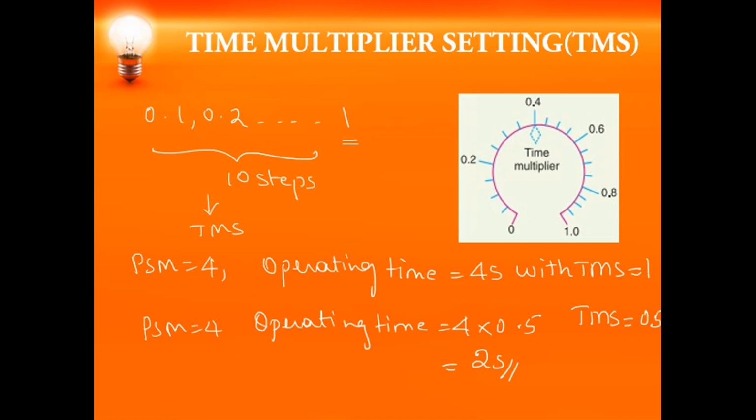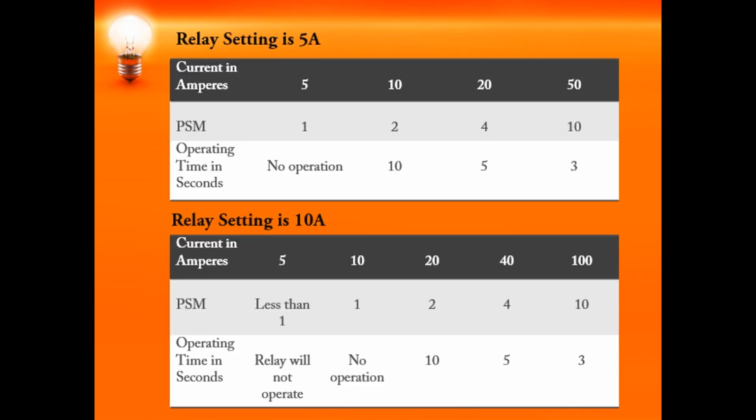So for a relay to operate, either we can set the magnitude of the current at which it has to operate, or we can even set the time, especially in the case of definite time and the instantaneous overcurrent relays. So here we have a table where the first table is for the relay setting of 5 amps.